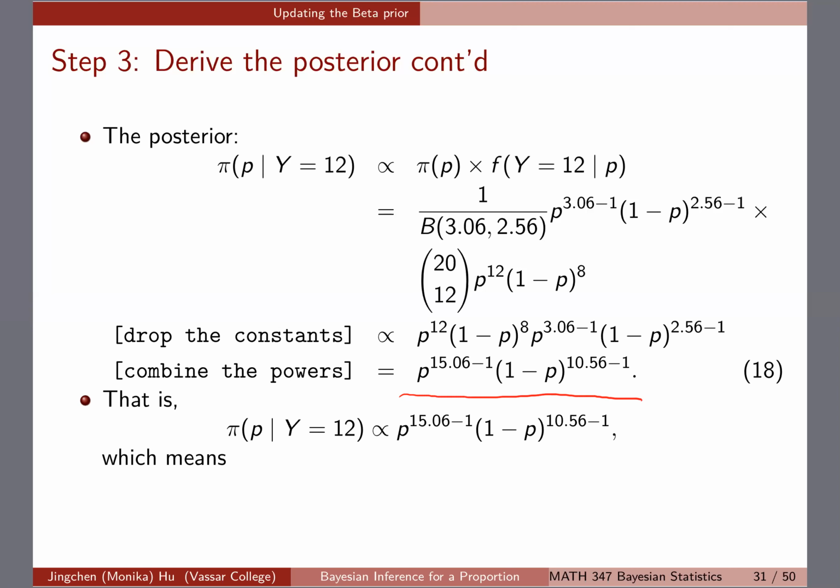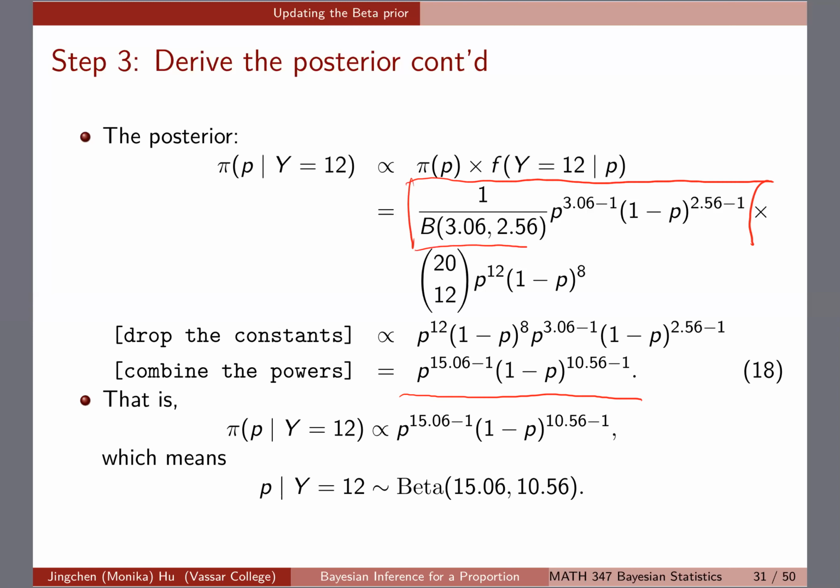So we know that the posterior is going to be proportional to this, and that's what we have at this stage, which means that this is actually going to be another beta distribution. And in particular, remember, this is from the prior, but we can see that this is what the PDF of the beta is going to look like, right? It's going to be 1 over the beta function of the two shape parameters, and then the random variable to the first shape parameter -1, and then 1 minus the random variable to the second shape parameter -1.